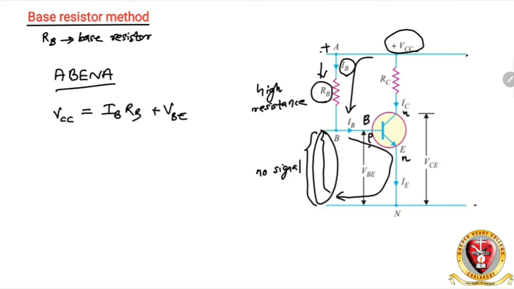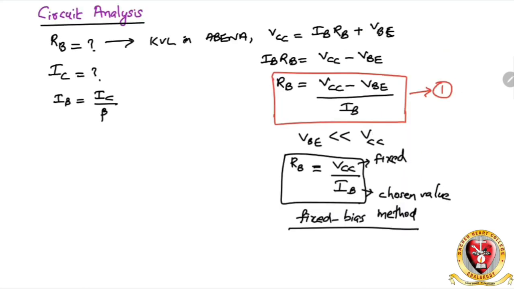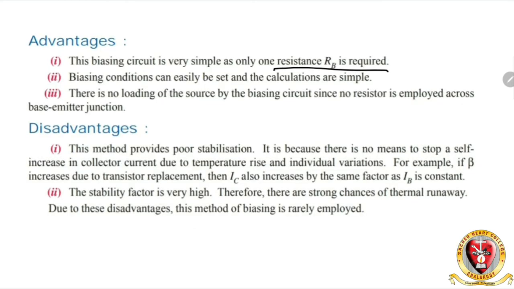If there is a resistor here, then we have to consider RB and the input resistance Ri in parallel. Then we will have loading effect and some problems will arise. But there is no such issue in a base resistor method. So these all are the advantages of base resistor biasing circuit.